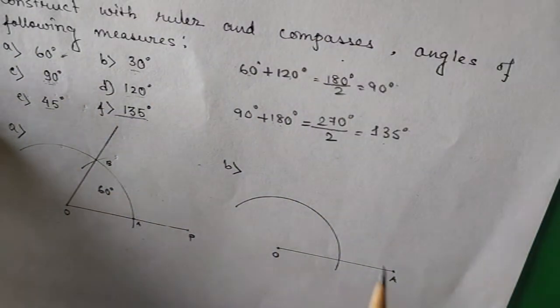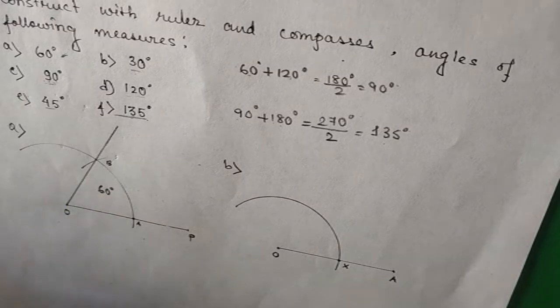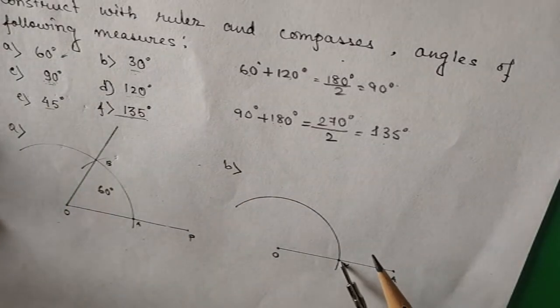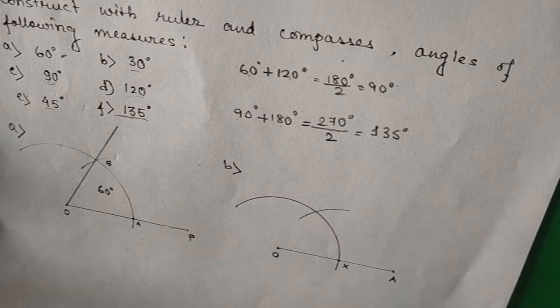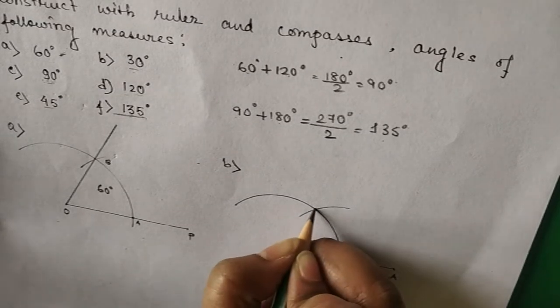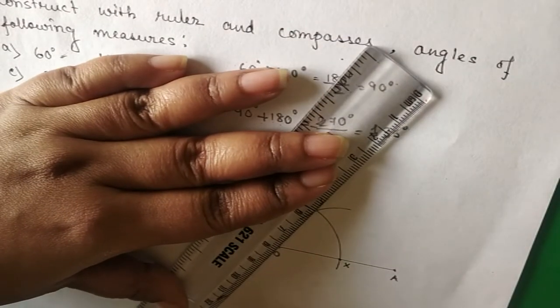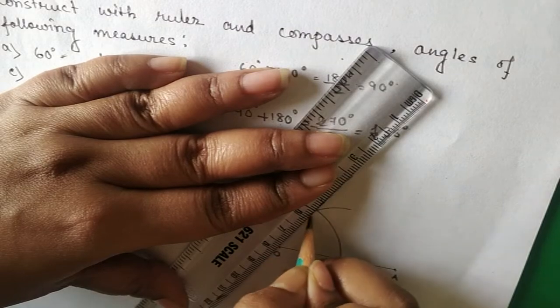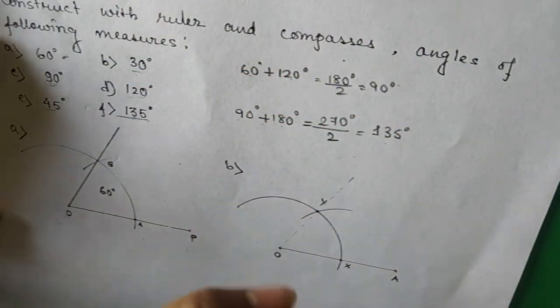See, this intersects OA at point X. Now from point X with the same measurement we will draw another arc. See, this is Y. So this is 60 degree. When you join OY, you will get 60 degree.